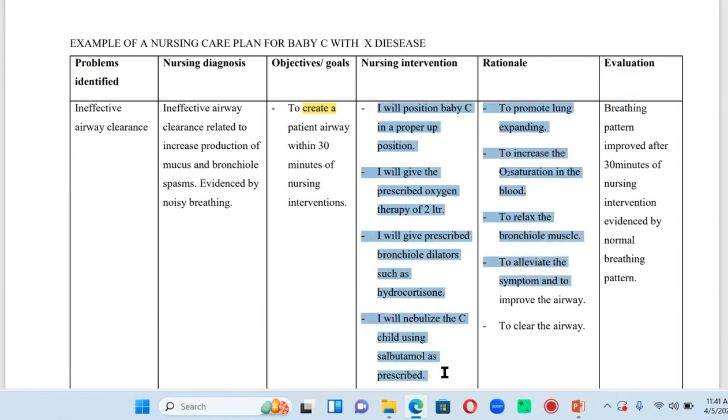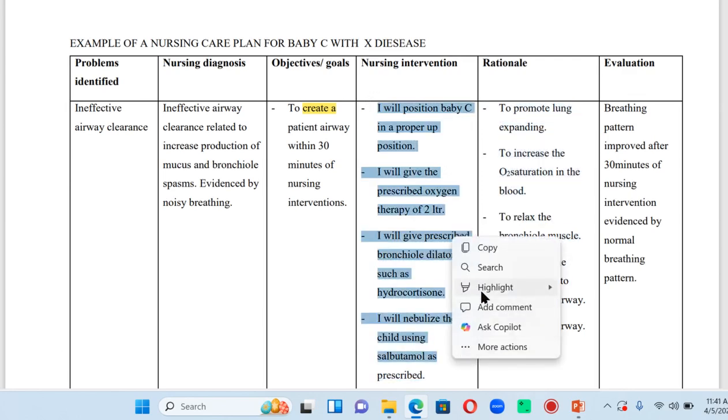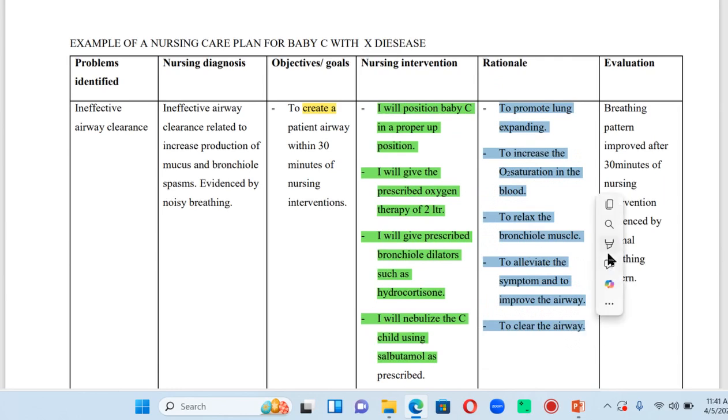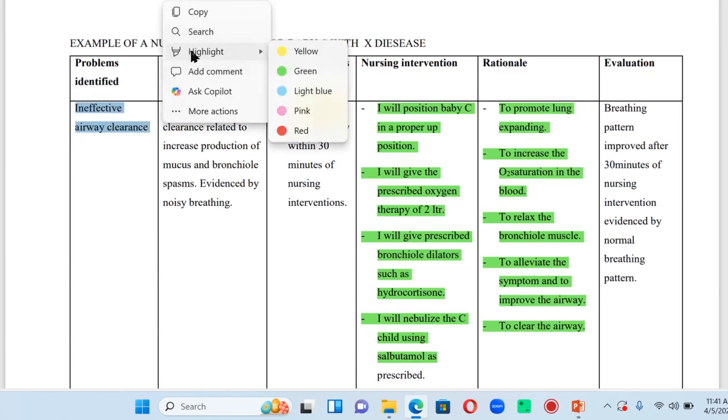Our interventions here must align with the rationales. These must be together, these must marry each other. Let me differentiate them.